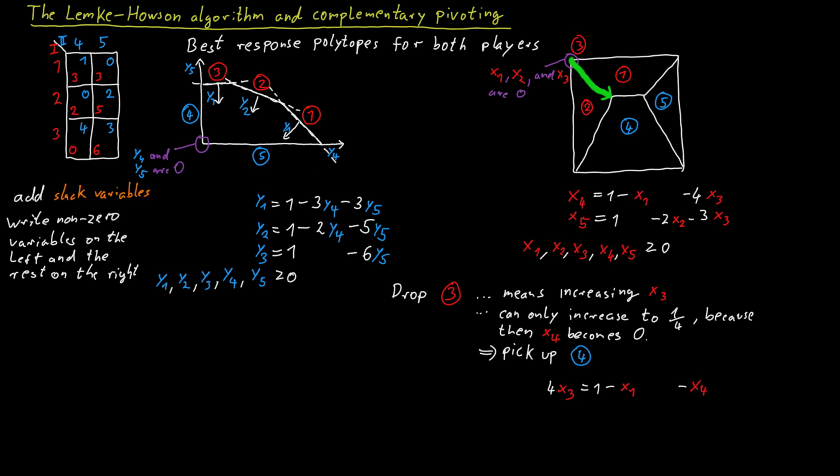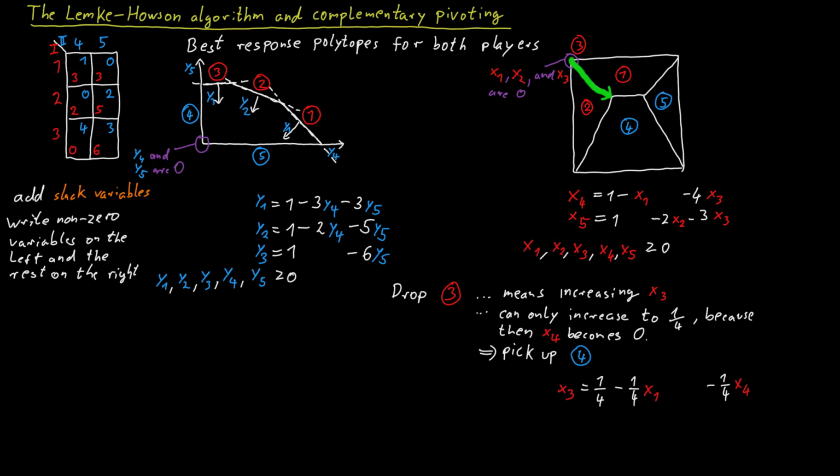And then we have 4 times x3 on the left-hand side, which is not very nice. We just want the variable with no particular coefficients there. So we divide the whole equality by 4. And then we write this a bit nicer, and we get x3 is equal to 1/4 minus 1/4 times x1 minus 1/4 x4.